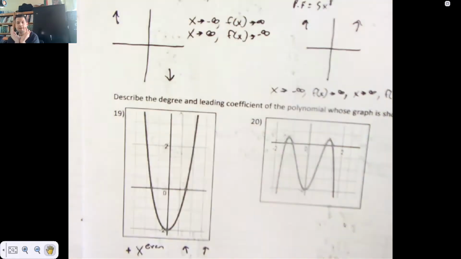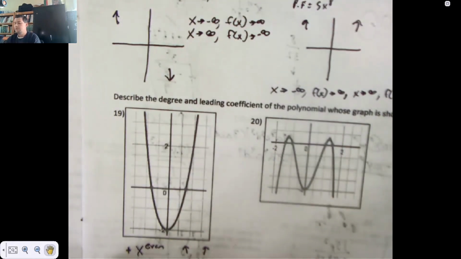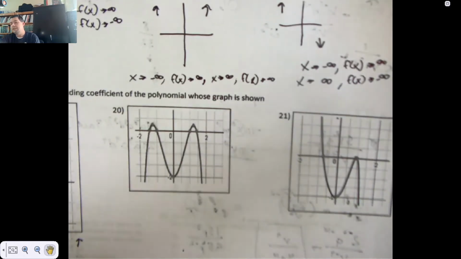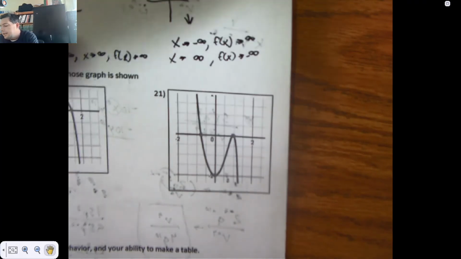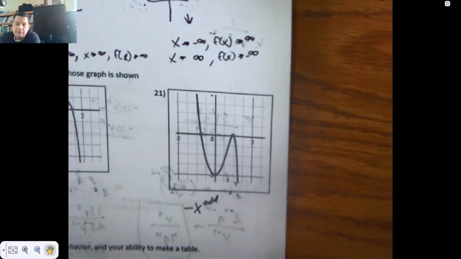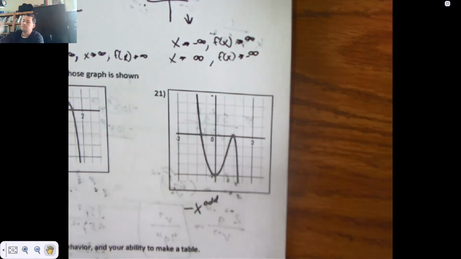Think about your quadratics. This upside down W looking thing is obviously a negative x to the even because it starts low and ends low. And this squiggly looking little guy is obviously a negative x to the odd. It's probably a third degree polynomial, but who knows.